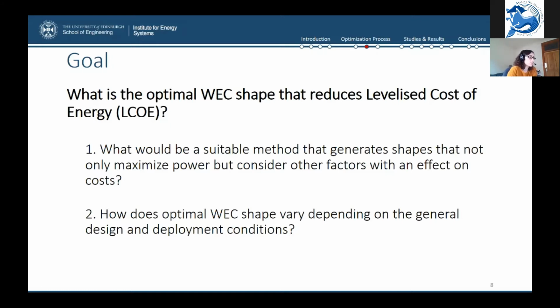And secondly, how does the optimal WEC shape vary depending on the general design and deployment conditions? So there might not be one optimal WEC shape that fits all situations, but there might be different optimal shapes for different situations.